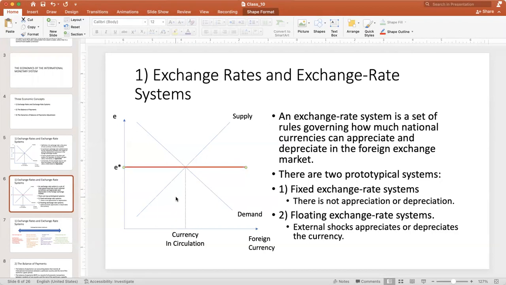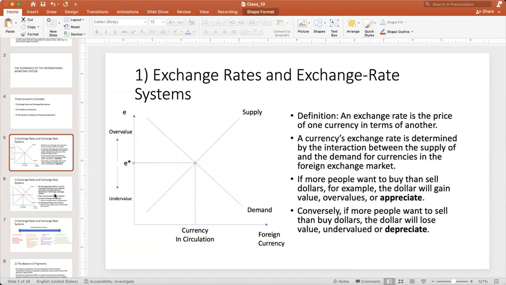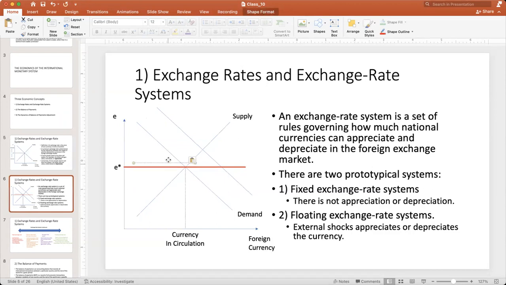So every time the market changes the value of the exchange rate of your national currency, for instance, when there is more demand for dollars, the price of the dollar should appreciate.